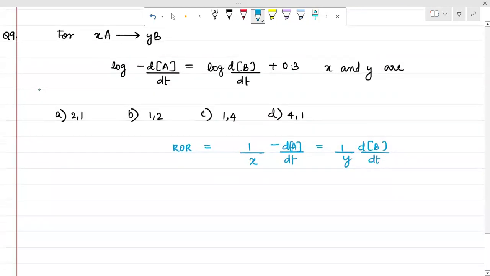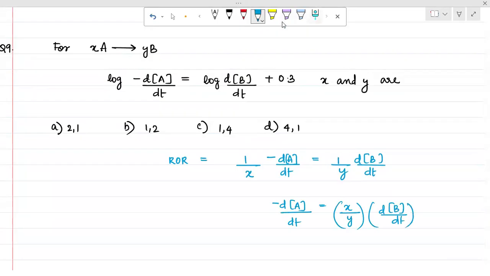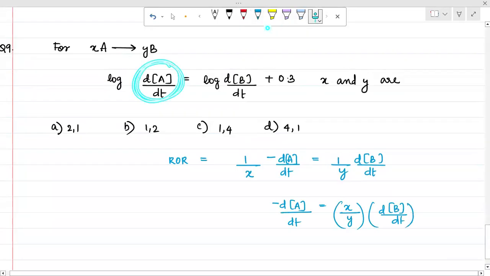I'll take x to the other side. So minus dA by dt is equal to x by y times dB by dt. Okay. So I have got this much. Minus dA by dt is there. dB by dt is there. I have got something.